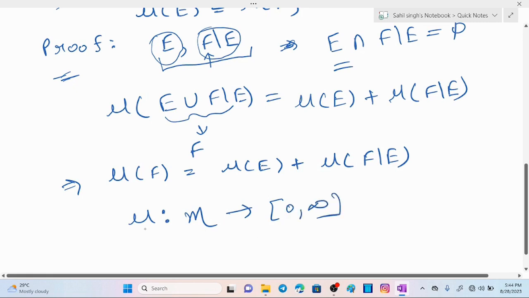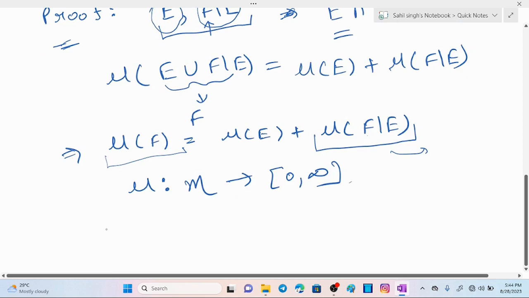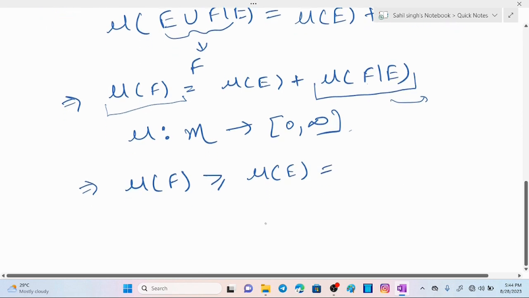That means μ will always give us a non-negative number, so this number will be greater than or equal to 0. Even if F but not in E, that is F removed E, is non-empty, it's also possible that μ of this will be 0. Therefore we get the relation μ(F) is greater than or equal to μ(E). So we are done with property number 2.